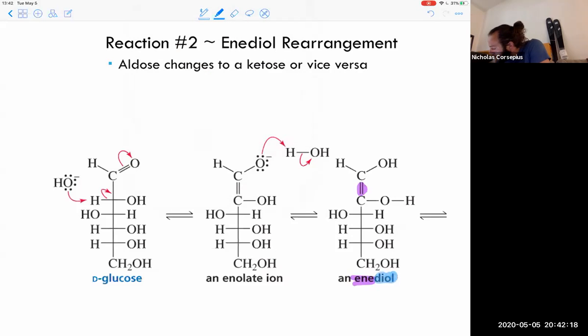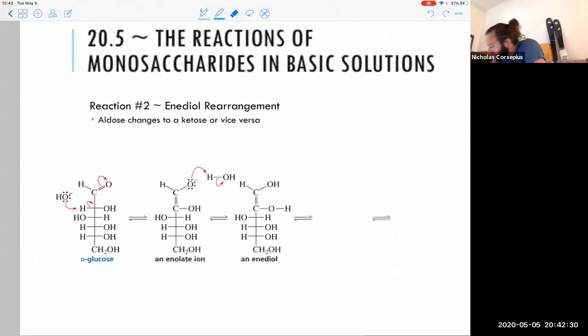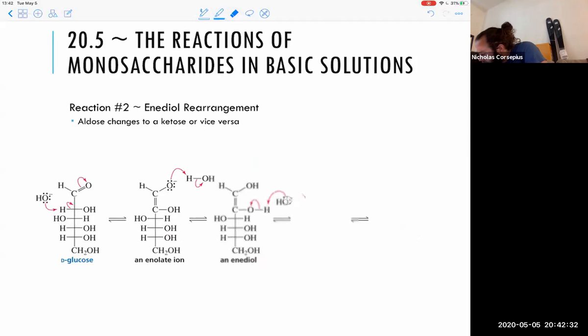And then the diol, because we have an OH group on either side of that double bond. Okay, so the next step here is going to be a base comes along and removes the hydrogen from one of those two functional groups.